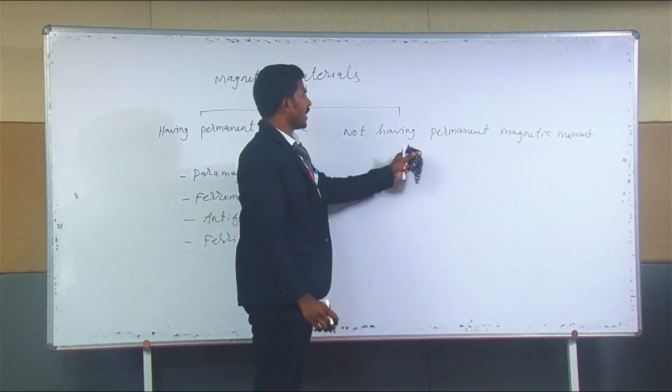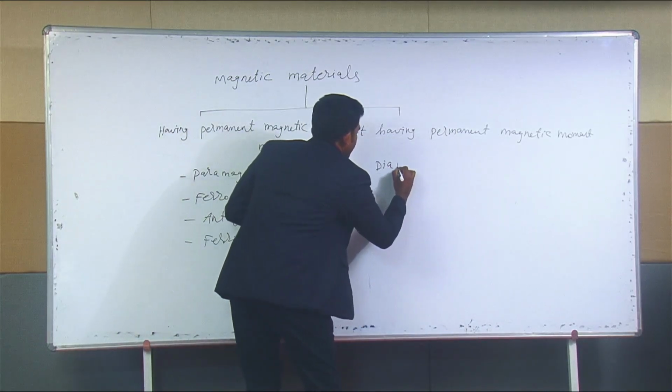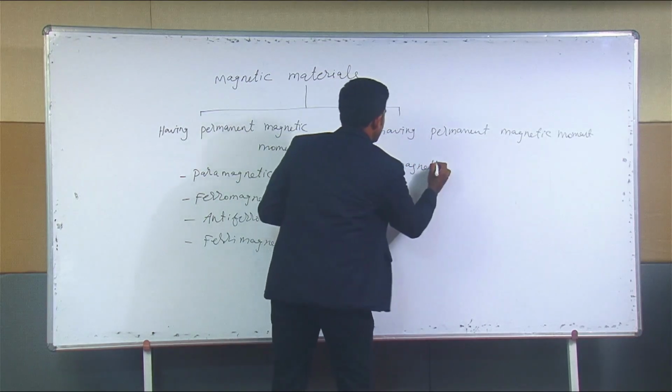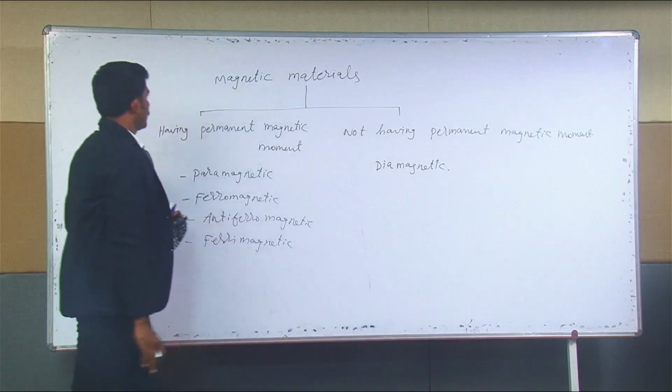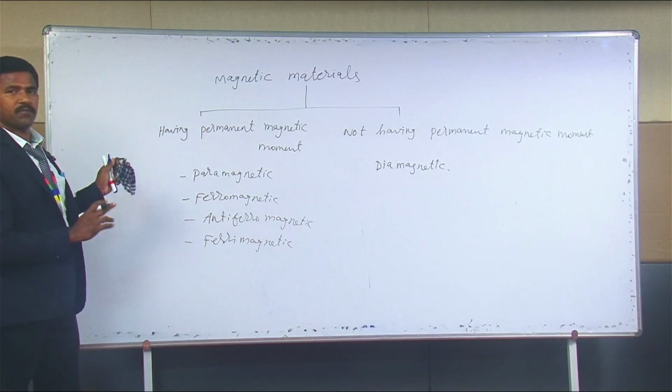Whereas in the case of not having a permanent magnetic moment, it is diamagnetic. So depending on the permanent magnetic moment, we classify into two categories.